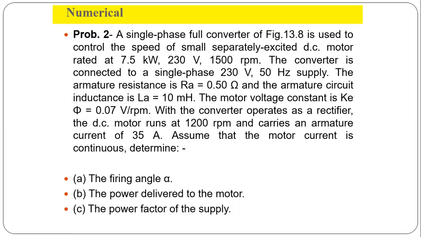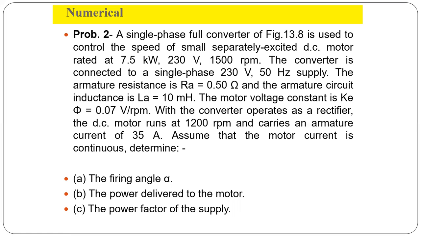The armature resistance RA is equal to 0.50 ohm, and the armature circuit inductance LA is equal to 10 millihenry, and the motor voltage constant K phi is equal to 0.07 volt per RPM.